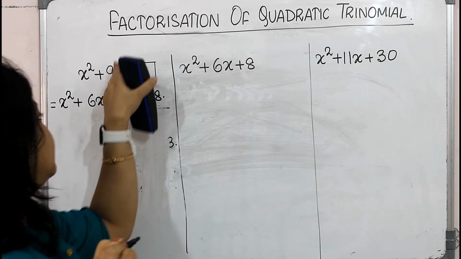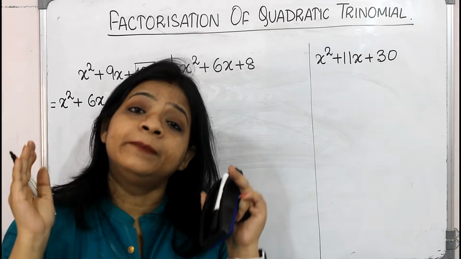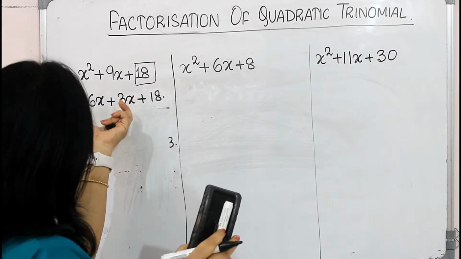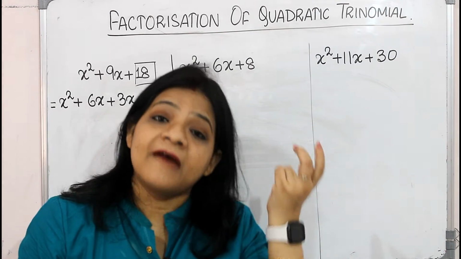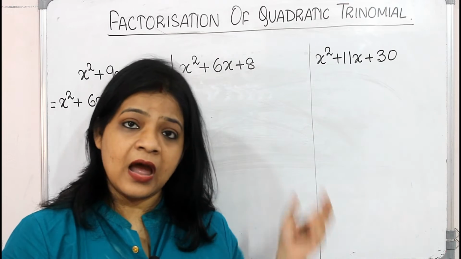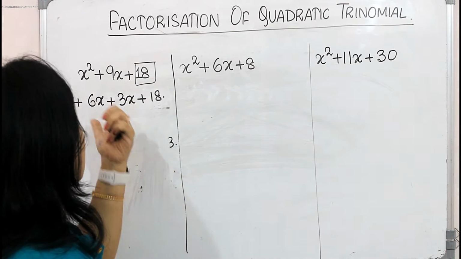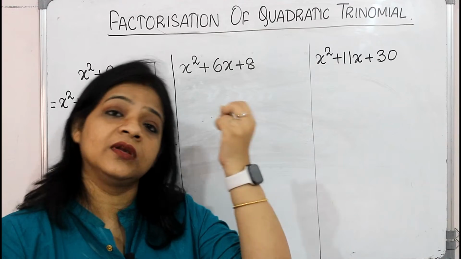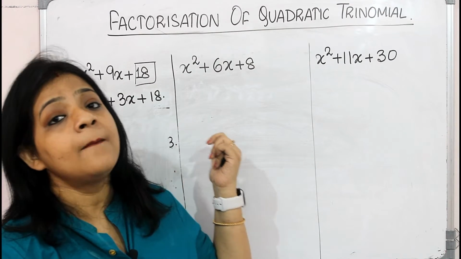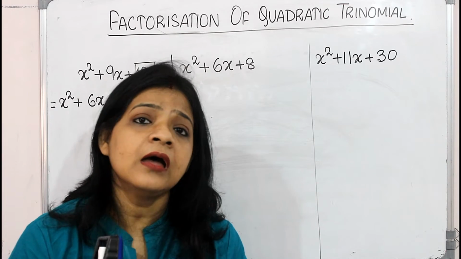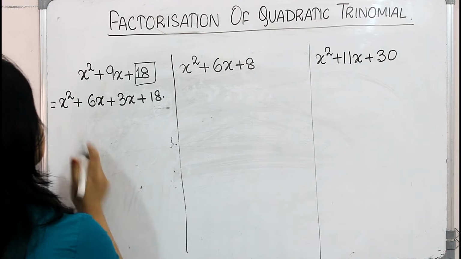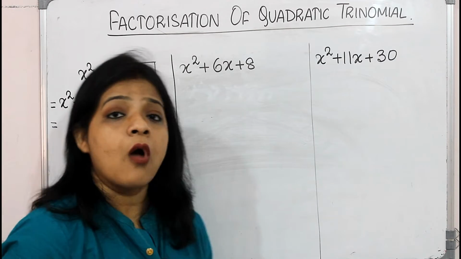See, this middle term 9x has been split into two parts such that these two parts are the factors of 18, the factors of the last term. Means multiplying 6x and 3x will give you 18, and the sum of 6x and 3x will give you the middle term, that is 9x. I hope the thing is clear to you. After that the things are more easy. What you do is take the common factors.